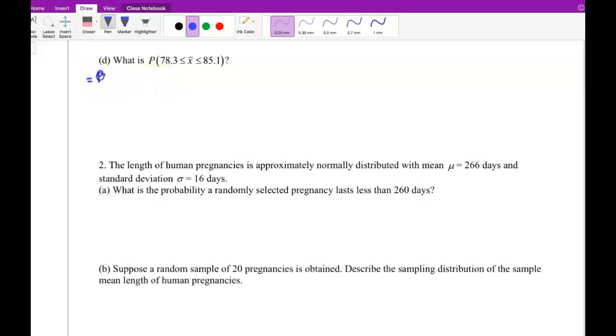So the probability is exactly the same as parts B and C. Now z is between negative 0.85 and here we have 2.55.